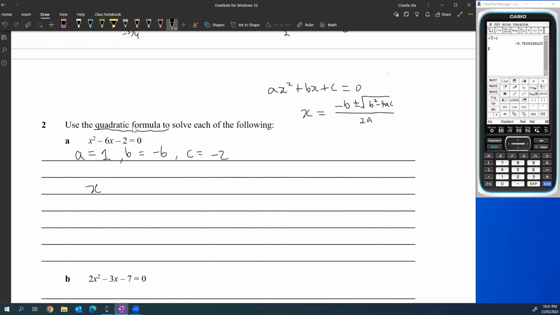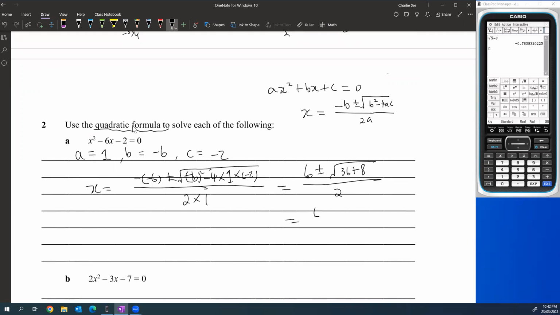And therefore, x equals negative b, and be careful, that's -6, so negative b, two minuses will make a positive, plus or minus square root of b squared, so -6 squared, minus 4 times a, which is 1, times -2, over 2 times 1. So that would be 6 plus or minus, negative b is 6, -6 squared is 36, minus 4 times -2, so that's plus 8, over 2.